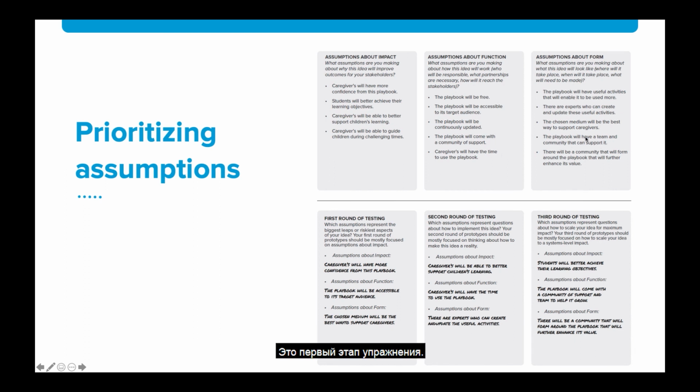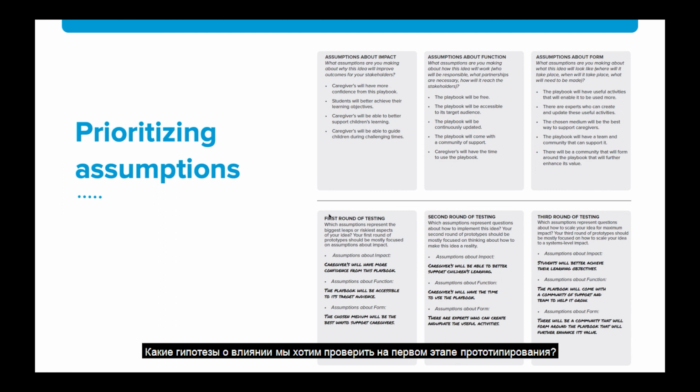So that's the first stage of the exercise. The second stage is to remix these assumptions into what is more important to test early in the process. So, in the first round of prototyping, what are the assumptions about impact that we want to test, or assumptions about function, or assumptions about form?